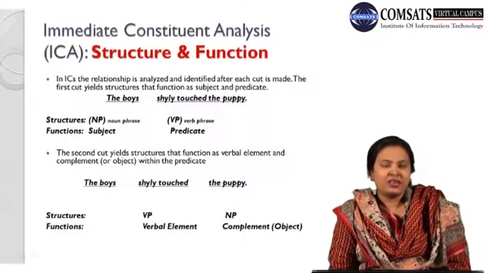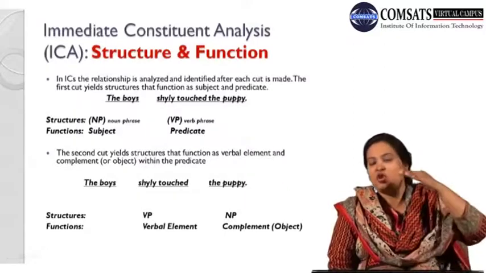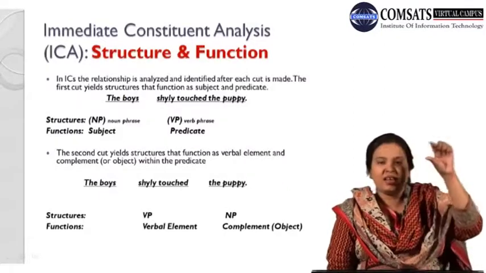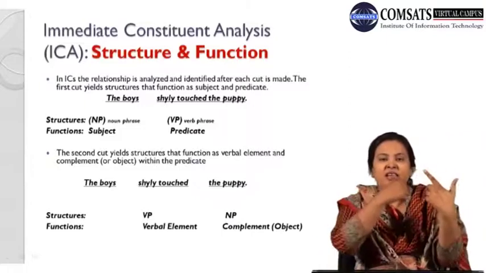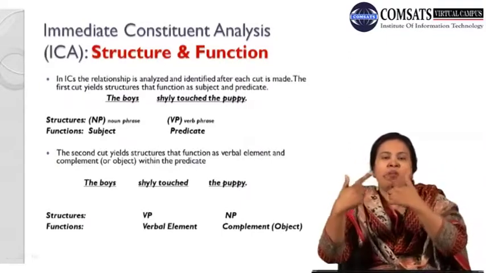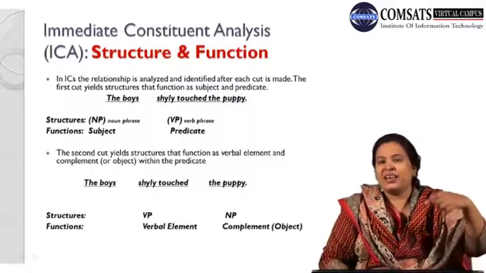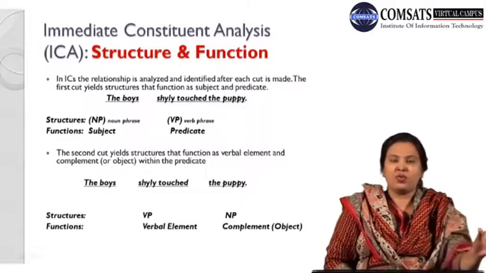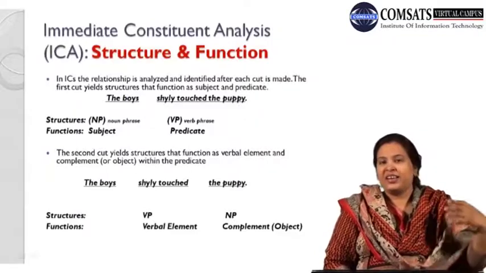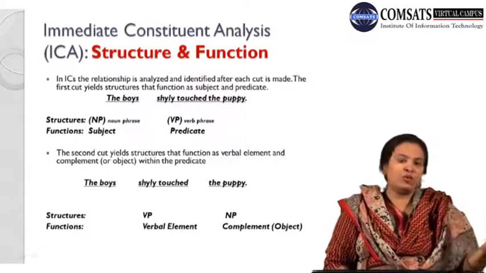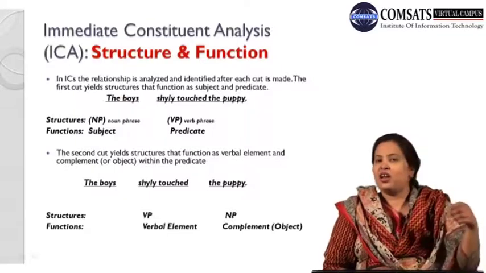What is a cut? Every next level of analysis of the sentence. The first cut is that the sentence is composed of a subject and a predicate. The third cut may be that the subject is composed of a noun phrase. The fourth cut, that the noun phrase is further composed of two parts, a noun and an article or an adjective.